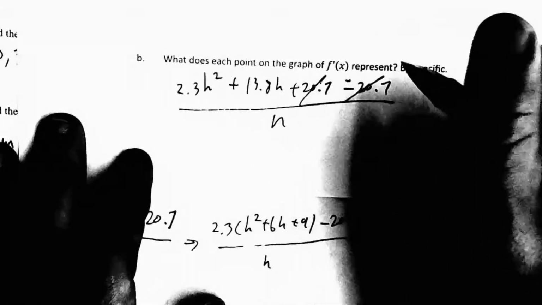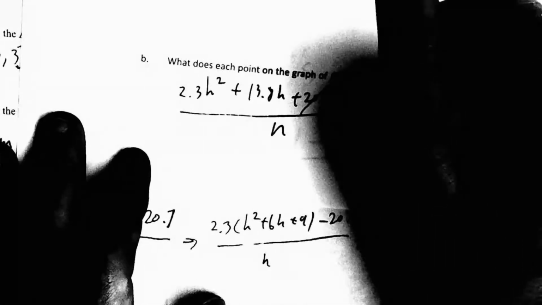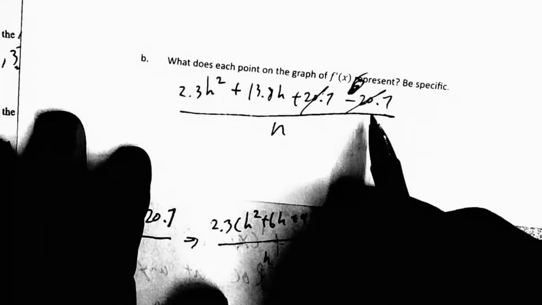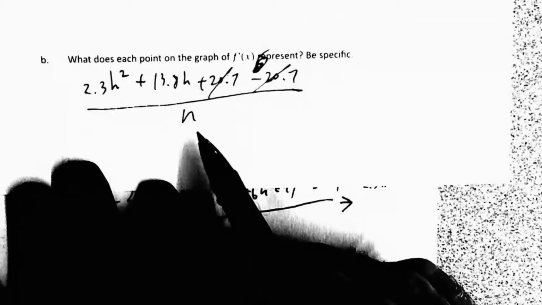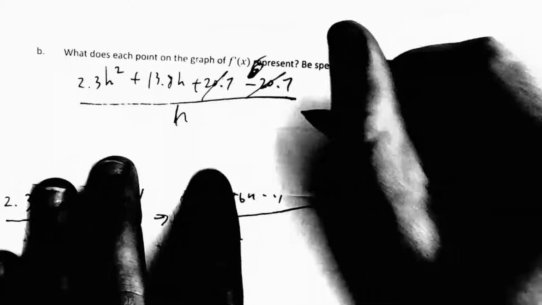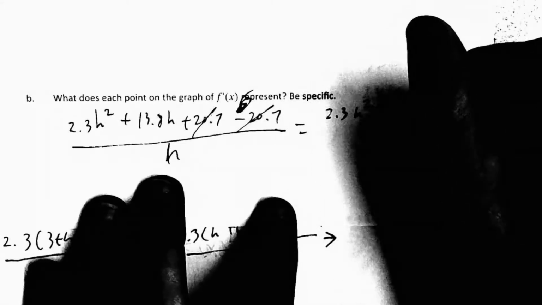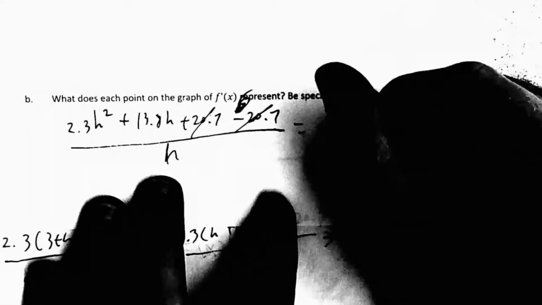These cancel because one is positive and one is negative, so that's nothing. I'm left with 2.3 h squared plus 13.8 h over h, and I'll do it in steps so it's clear.